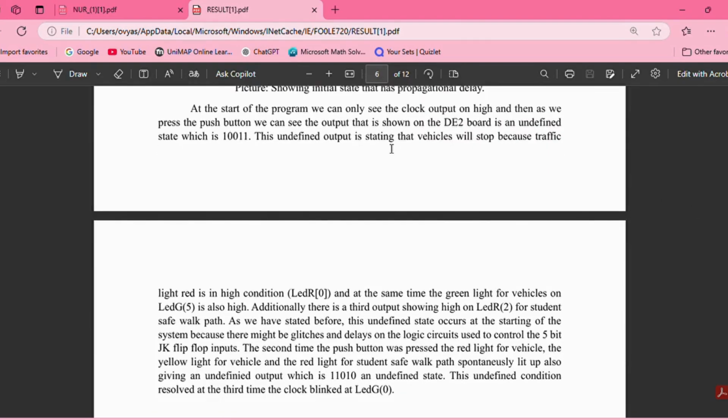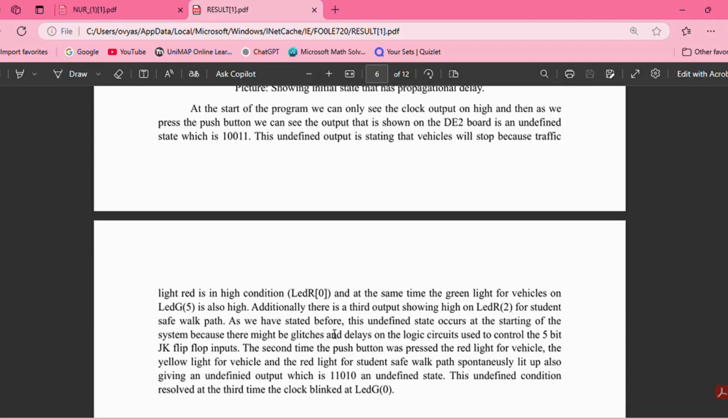This undefined output is stating that vehicles will stop because the traffic light red is in high condition at LED red 0, and at the same time the green light for vehicles on LED green 5 is also high. Additionally, there is a third output showing high on LED red for walk for the student safe walk path.